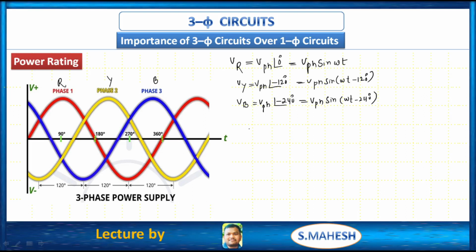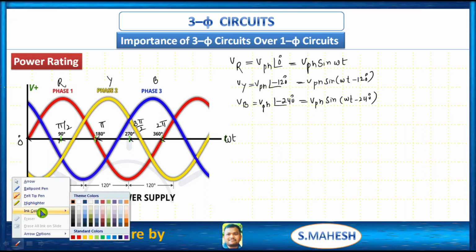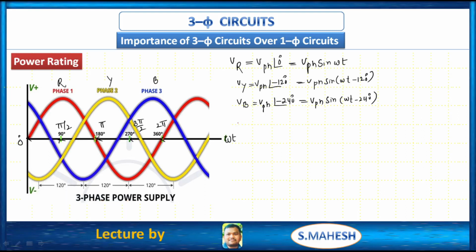For example, in this, let us say this is omega t, this is pi by 2, this is pi, this is 3 pi by 2, this is 2 pi. This is the instant at 0 degrees, right? When omega t is equal to 0 degrees, therefore Vr is 0 volts, right?